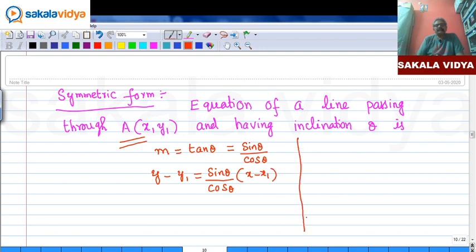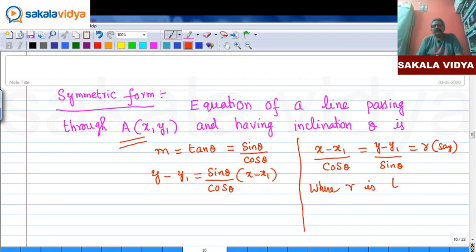This can be rewritten as (x minus x1) by cos theta equals (y minus y1) by sin theta, say this is R, where R is the distance between (x, y) and (x1, y1).